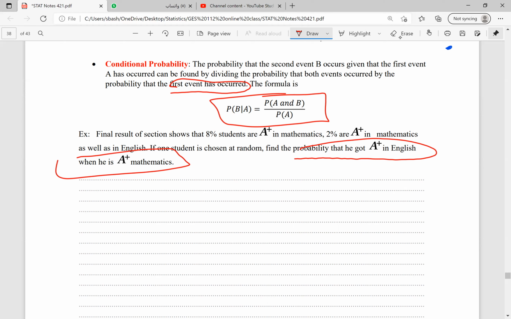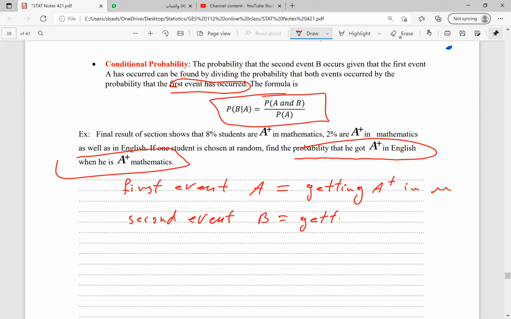So A, the first event, is getting A plus in math. The second one, B, is getting A plus in English.